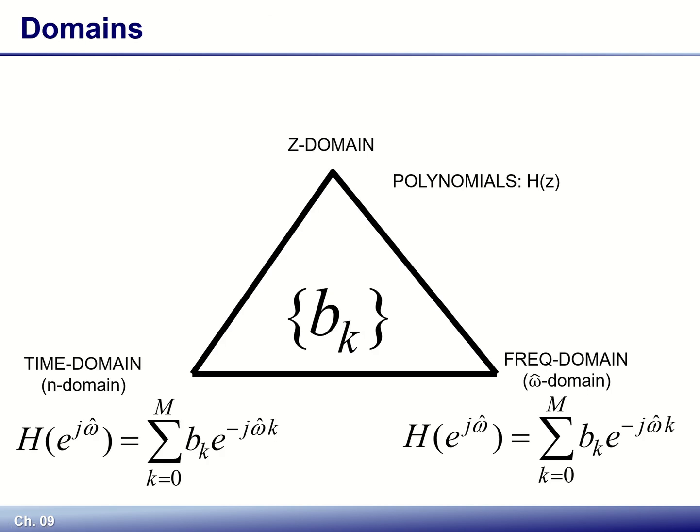We have studied the n domain, the time domain, and the frequency domain, so-called omega hat domain. On top of that, we will study the Z domain. Some problems are easily solved using the frequency domain and Z domain, but the implementation domain is the time domain. So we will study all together.